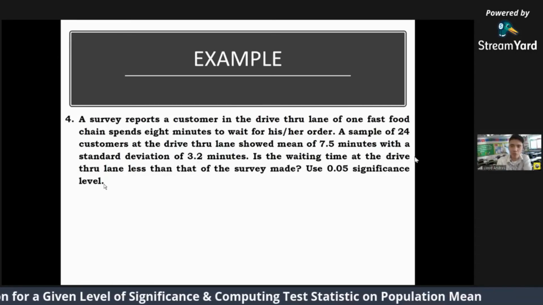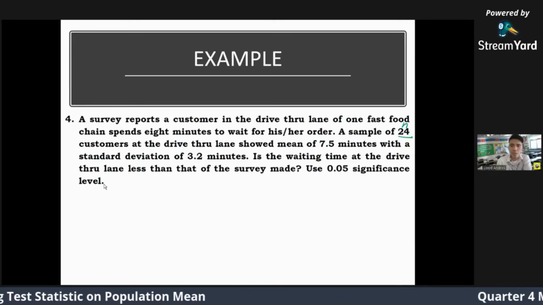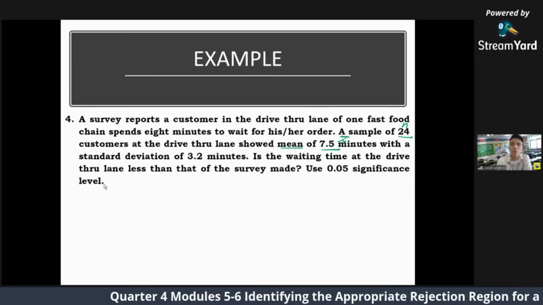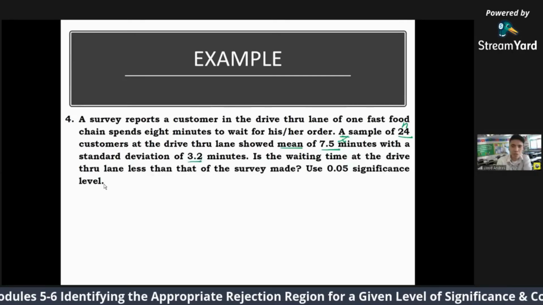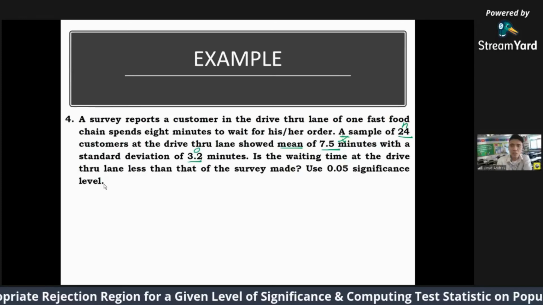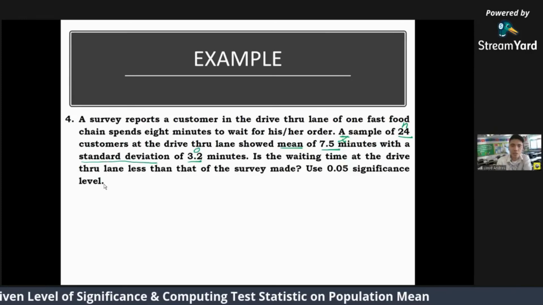Sample of 24, mao na ni n. And then kaning 7.5, actually, sample mean ni siya kay sa sample man na. So this is our x bar. Standard deviation. This is our sigma. Ah, sorry. This is not sigma because sa sample man. So, dili ni siya sigma.